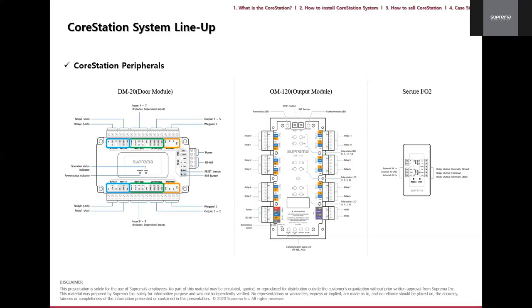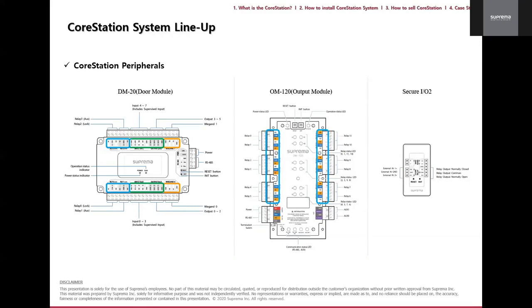And then in the middle, you see the input and the output. If you need to output any alarm to an external alarm system, or if you need to output to any additional third-party hardware, that's what those output ports are for. For the input, if you have a request to exit, or even a door sensor, those are the ports that come in handy for you.